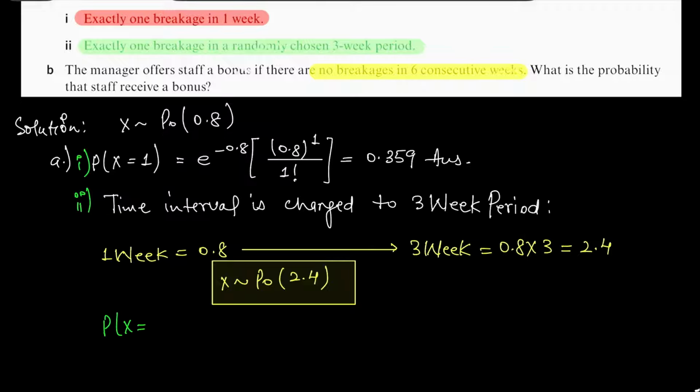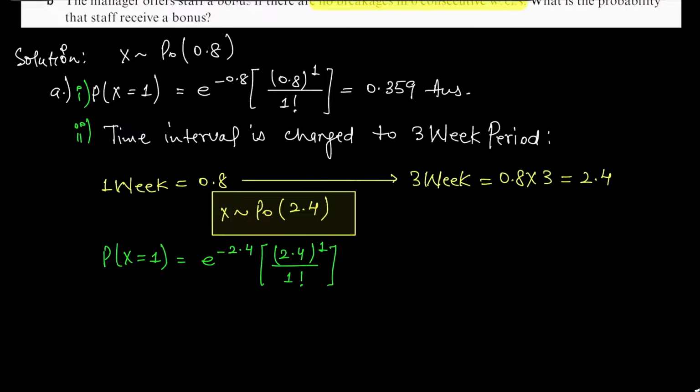So this is the probability of X equals 1 again, and this time it is going to be e raised to the power minus 2.4 times 2.4 raised to the power 1 over 1 factorial. By using a calculator we can easily see that this is going to be equal to 0.218. So the final answer for the given question becomes 0.218.